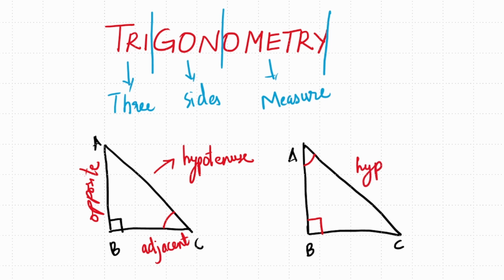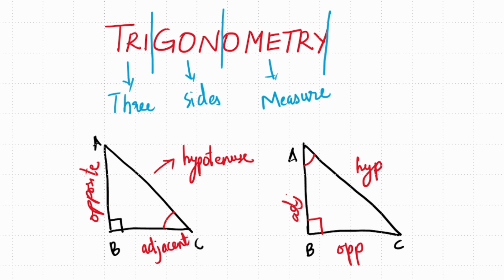We'll write it short as HYP. BC is the side which is opposite to angle A, so it is called the opposite side. And this is the side which is adjacent to angle A, that is why it's called adjacent side. We can write the short form ADJ for adjacent side.